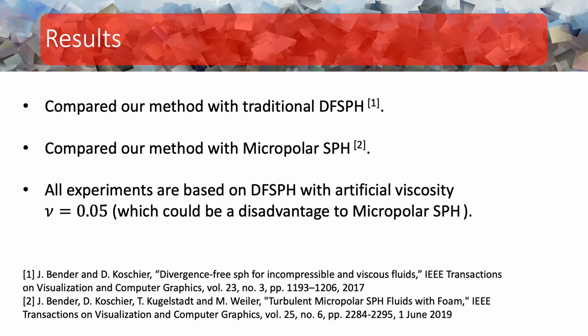All experiments are carried out with a kinematic viscosity coefficient set as 0.05 and a rest density of 1000 kilograms per cubic meter. One should also notice that we apply the artificial viscosity mentioned earlier in these slides, which could potentially make these simulations more vibrant than using the XSPH method.